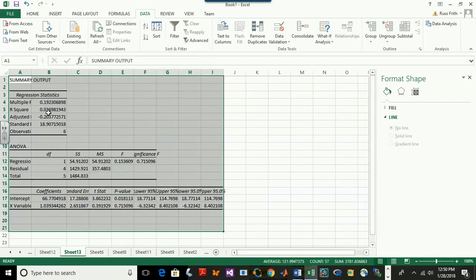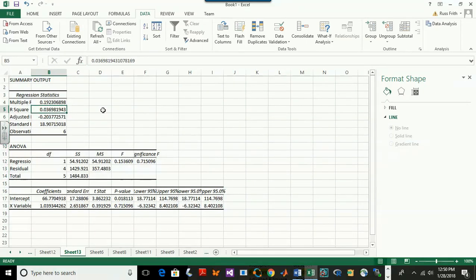And so the R value, the linear correlation coefficient, is the square root of that number. So 0.1923, okay? And so that means that there's no linear correlation anymore. And so when you add that outlier point, only 3.7% of the variation is explained by hours of preparation.